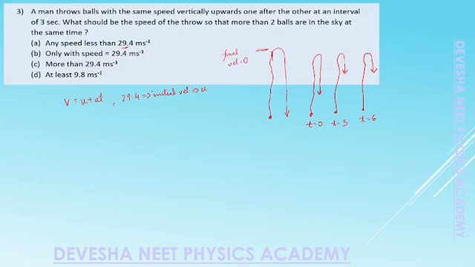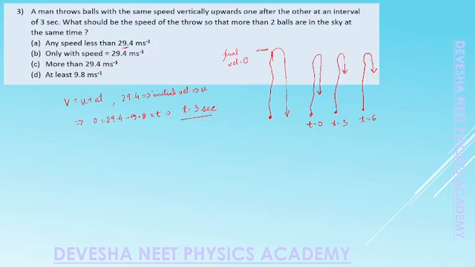Because the ball stops here and then it reverses direction. It means v is equal to u plus at, so 0 is equal to 29.4 minus the acceleration g, which is 9.8 times t. This is not given here, but we know that g is 9.8, so t is equal to 3 seconds.